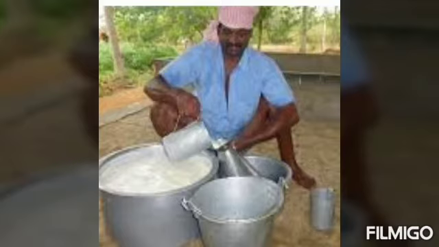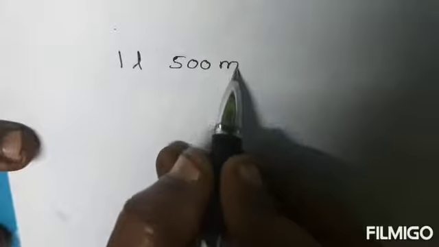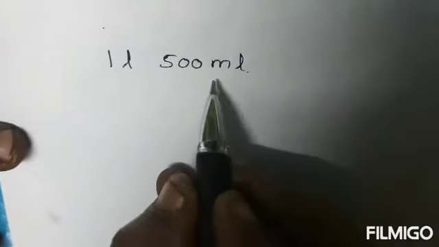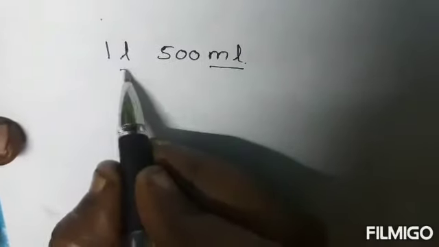We would observe a milkman measuring milk. If you need milk, you would ask for 1 liter or 500 milliliters or 2 liters, 3 liters, 4 liters of milk. Here see the units milliliter and liter.